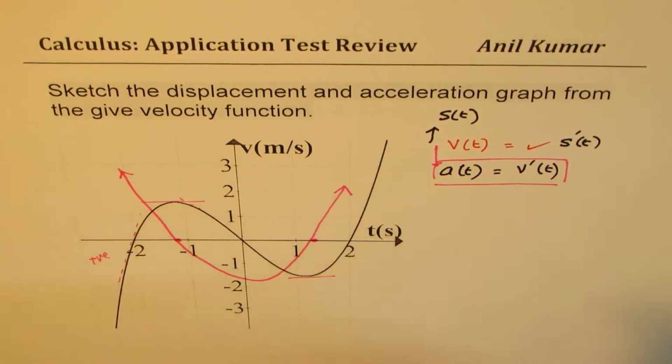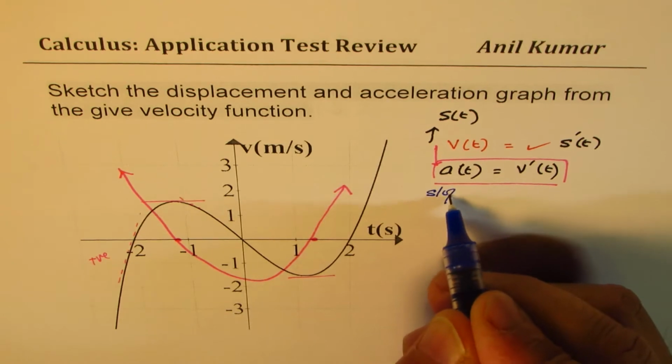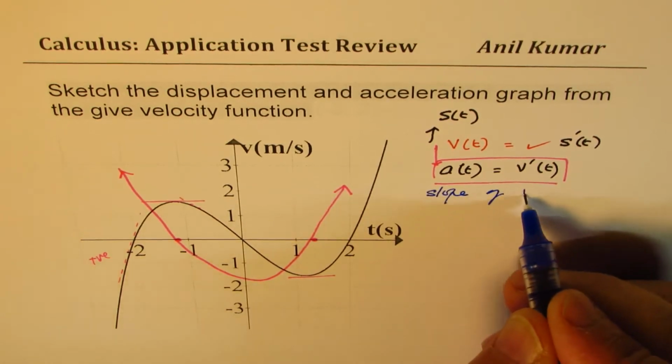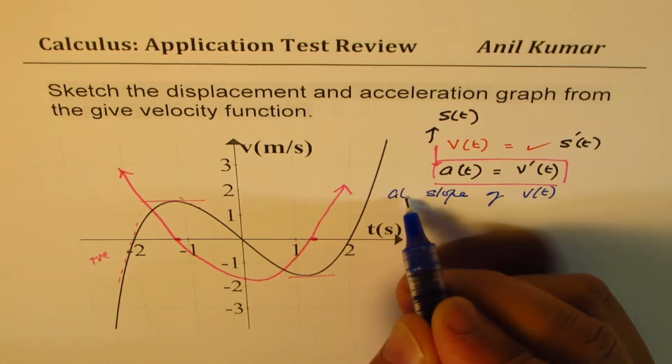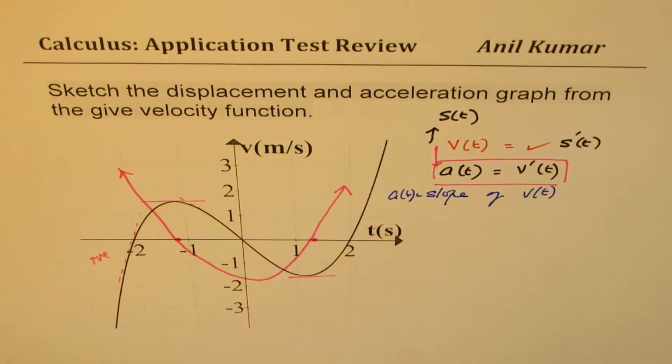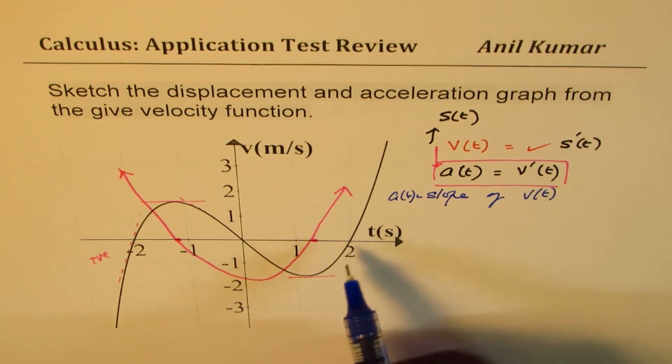You understand, derivatives will represent slope at every point, right? So this is slope of velocity. That is what acceleration is, correct? So you'll also see if you're working with polynomials, derivatives, the order of derivative is one lower, correct?